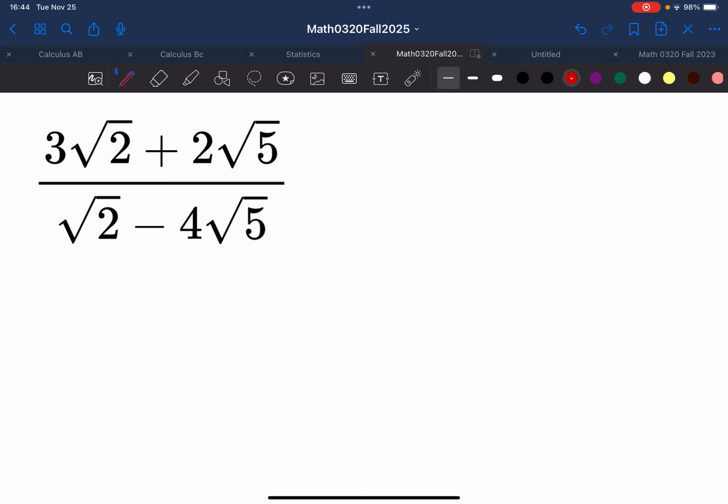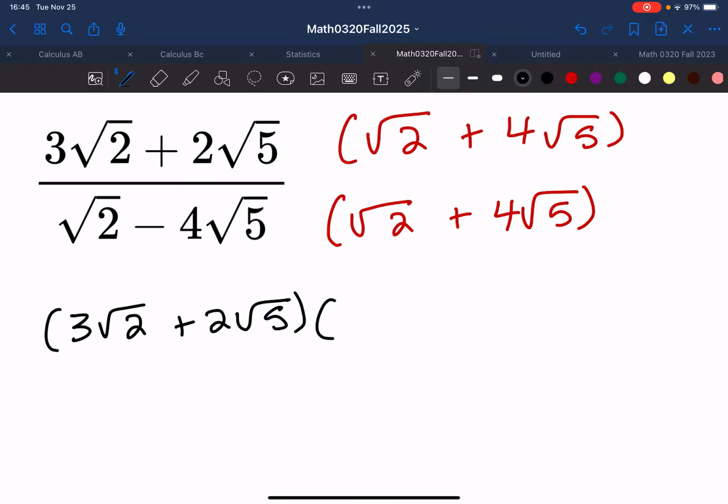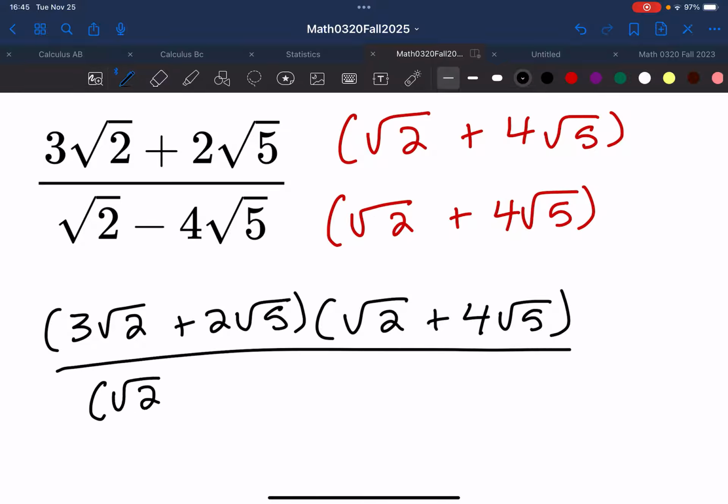Okay, in this last example, I'm going to multiply both the top and bottom by the conjugate of square root of 2 plus 4 times the square root of 5, both on the top and the bottom. So that means on the top, I have 3 square roots of 2 plus 2 square roots of 5 times the square root of 2 plus 4 square roots of 5 over the square root of 2 squared minus 4 square roots of 5 squared.